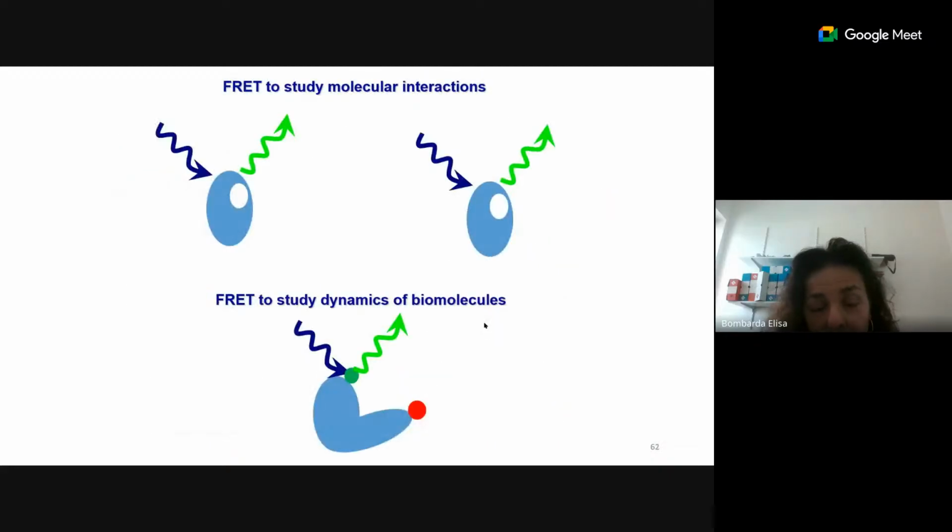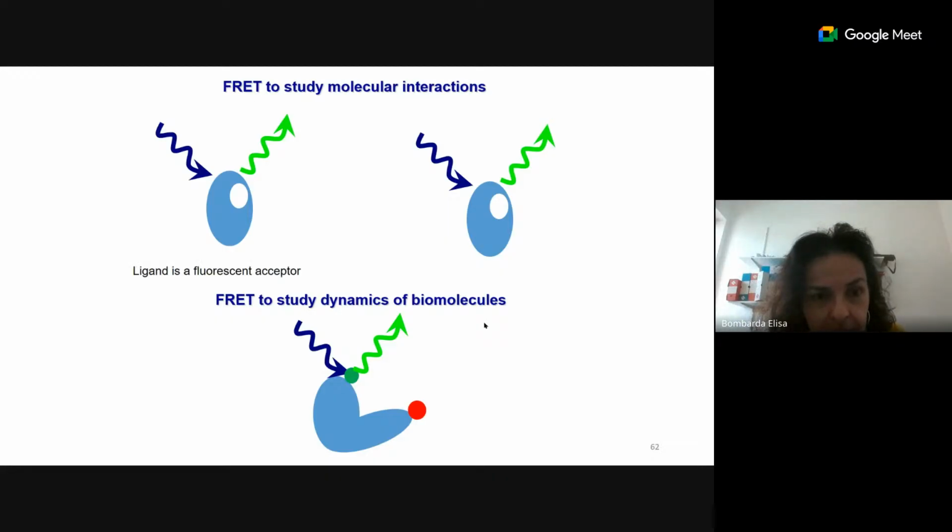Okay, so FRET can be used to provide us structural information, since we can measure distances, but we can also study molecular interaction. Schematically, let's imagine that the donor is on a receptor.